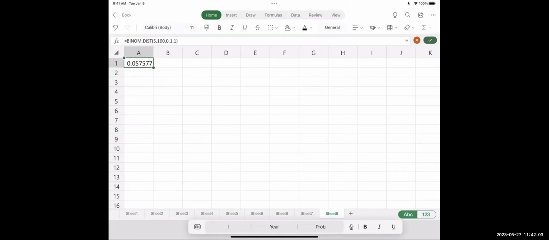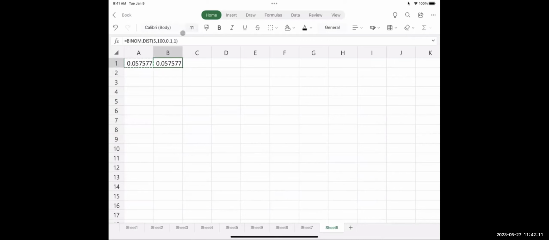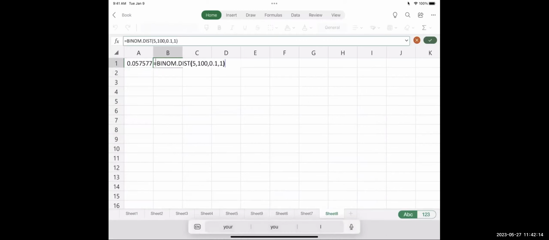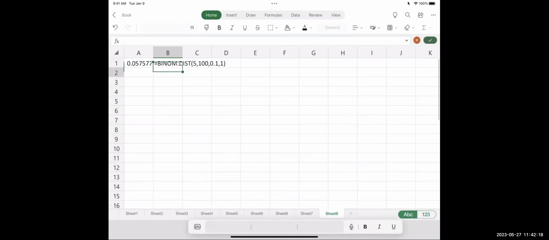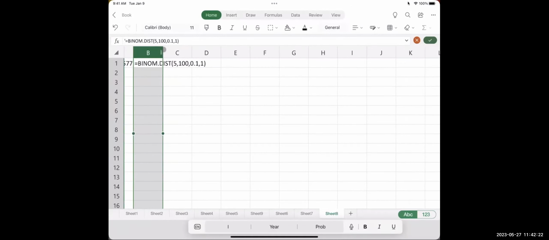And that's the chance that X is less than 5.